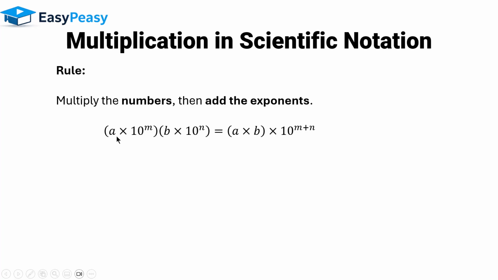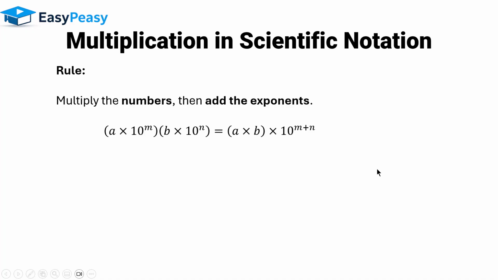Here we multiply A with B, and then add the little m with the little n on the top of 10. So the exponents add and the coefficients multiply.